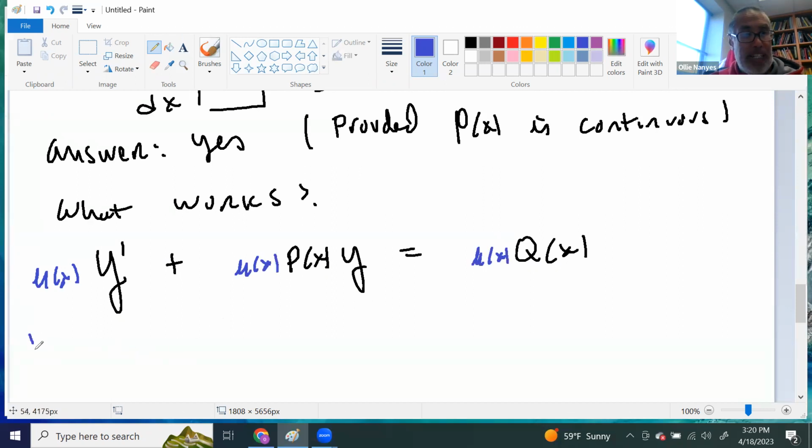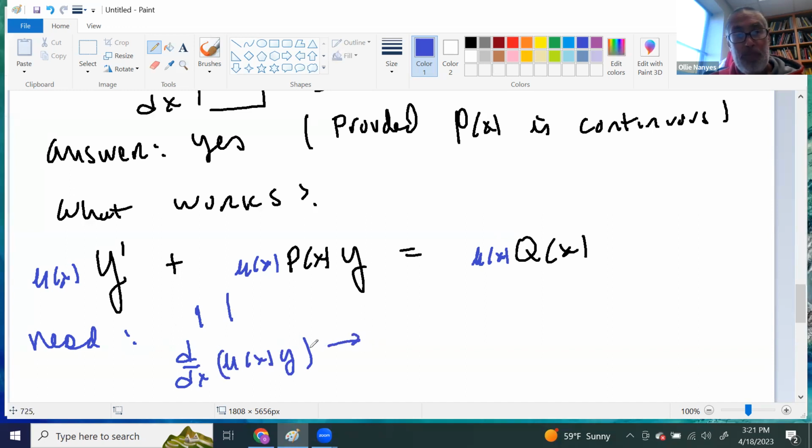And what we need is that this thing here is going to equal the derivative of u of x times y to be a perfect derivative. So what this means is that when we take the derivative by the product rule, we'll have u of x times y prime, that's this stuff.